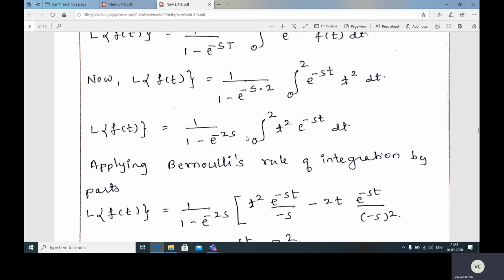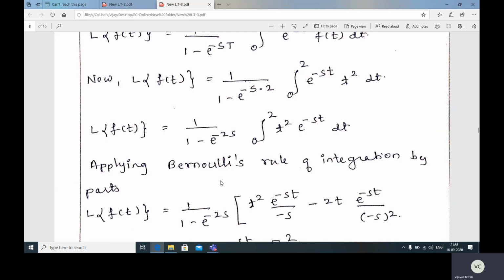For that, it is a product of two functions, because t square is a polynomial and e raised to minus st is an exponential. So we apply the generalized Bernoulli's rule of integration by parts.